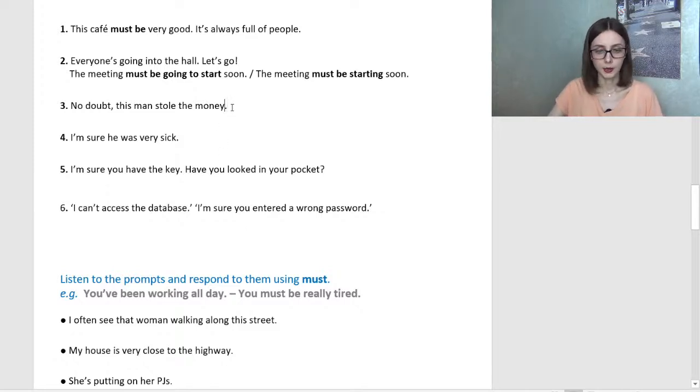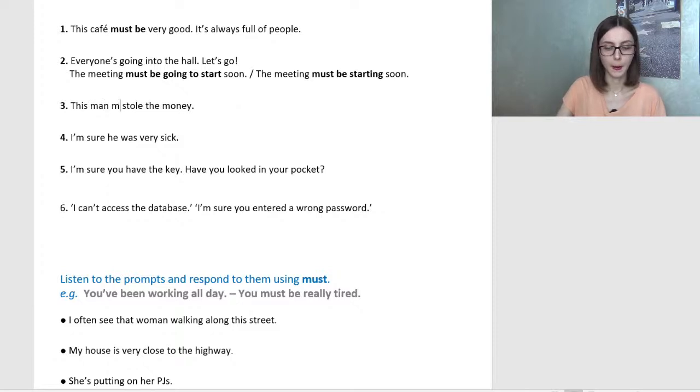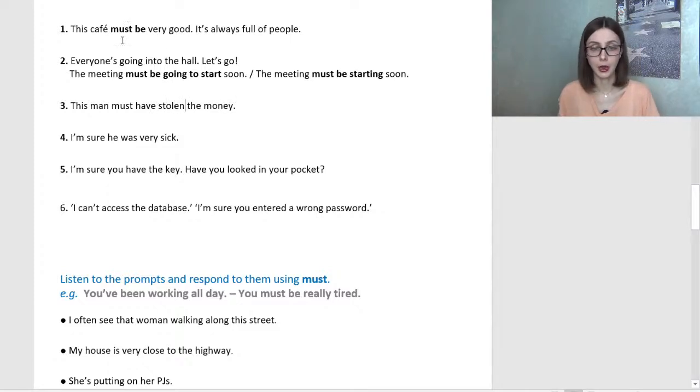So you can say this man must have stolen the money. Must have stolen. So you write have, but you can say must have. This man must have stolen the money.